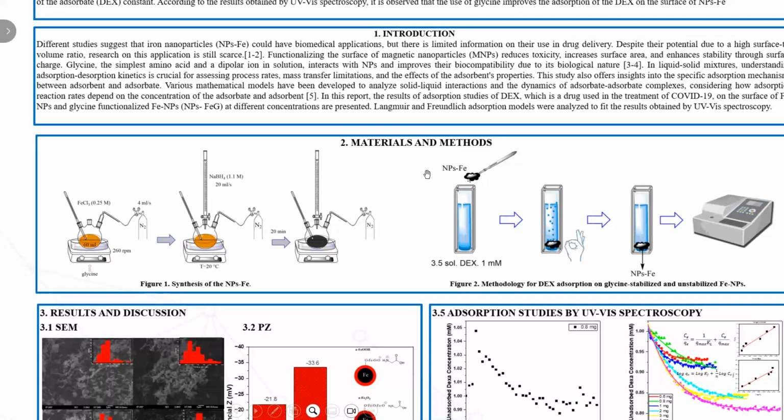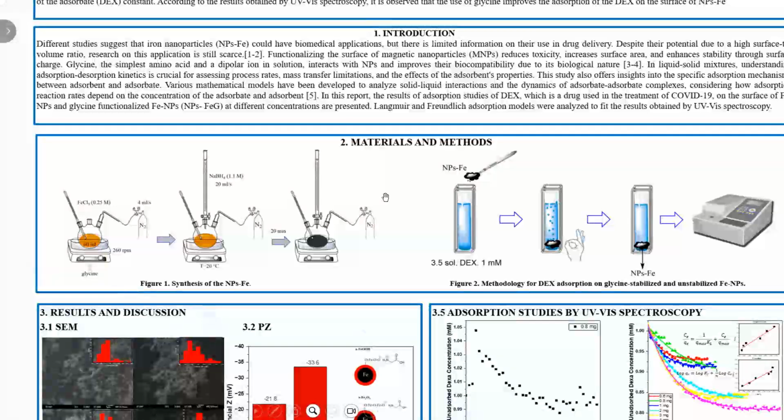And for the part of materials and methods, this part corresponds to the synthesis of iron nanoparticles. The iron nanoparticles were prepared by the chemical reduction method described by El Jamal et al. This method consists of preparing two solutions, one of ferric chloride and the other of sodium borohydride. The ferric chloride solution was added to a flask with a constant stirring speed and nitrogen flow.